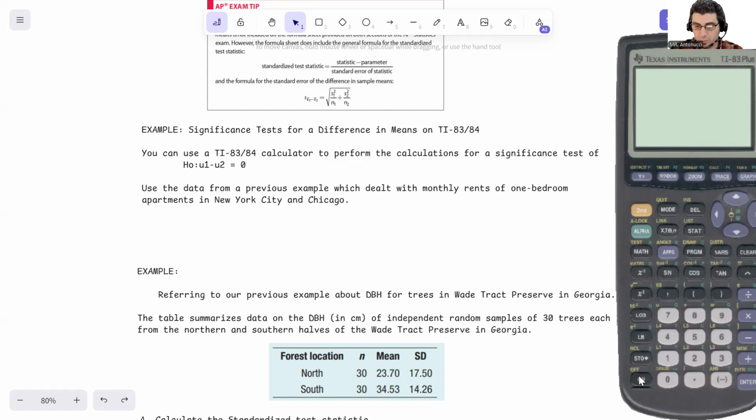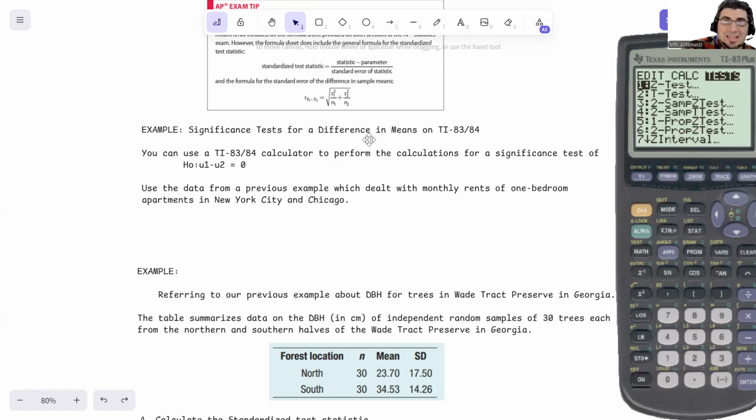So first thing you want to do, turn it on, clear anything off, and then hit the stat menu and go over to tests. And since we're talking about a two sample t-test, that's the one we're going to scroll down to. That's number 4, two sample t-test, because we're doing two samples.